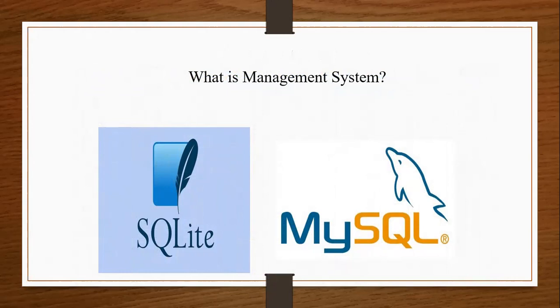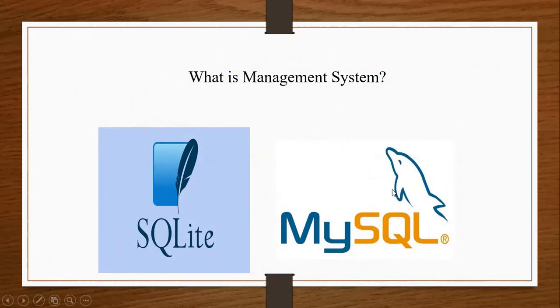If I have a table, there will be a lot of rows in the table. A row is technically called a tuple. Some software which can manage this database is called a management system.